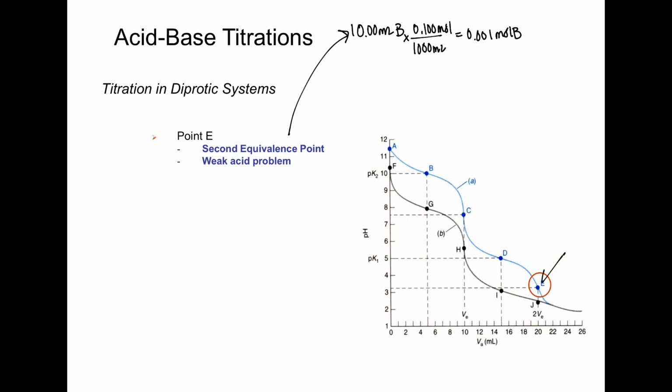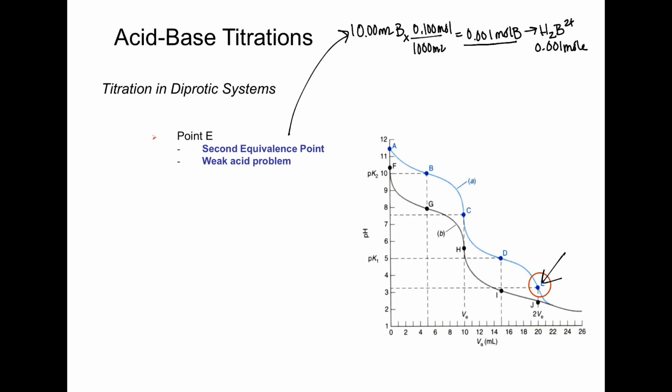At the second equivalence point, all that base has been converted into the totally protonated form, H2B2+, like this. And so if we have 0.001 moles of the base, we've made 0.001 moles of that weak acid.